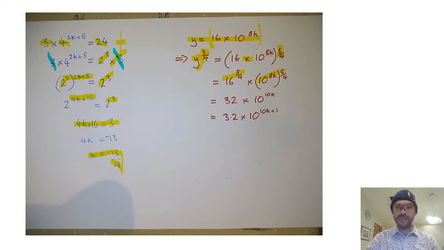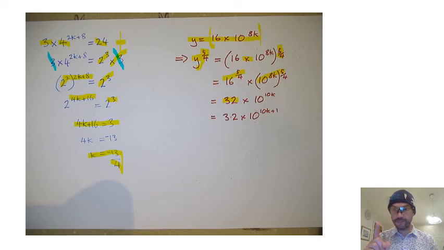Why 16? Because if you go 2, 4, 8, 16, 2 to the 4 is 16, and 16 to the quarter is 2. So, check it on your calculator. 16 to the 5 quarters is 32.